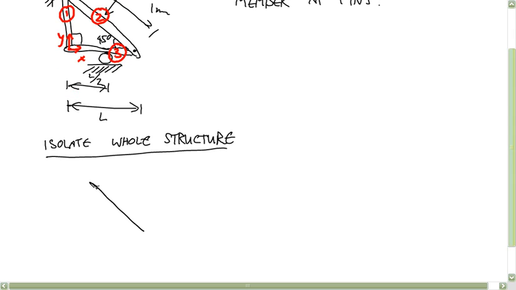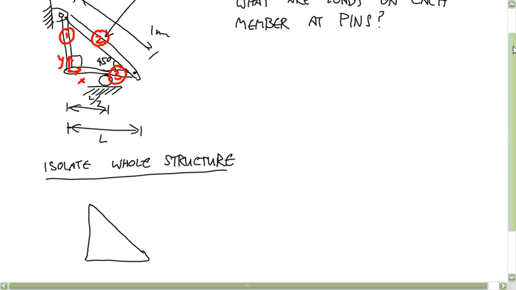So free body diagram. There's the free body. And what are the loads acting on the free body? Full force on the pin. Over here, yep. So we'll call that, I said that this is a step where it's not super crucial to use that AB notation, but it doesn't ever hurt anything.